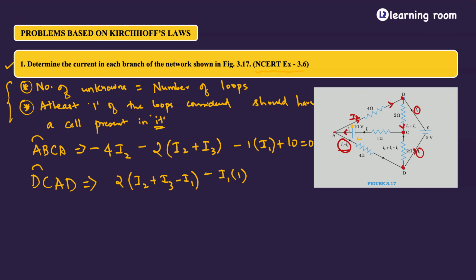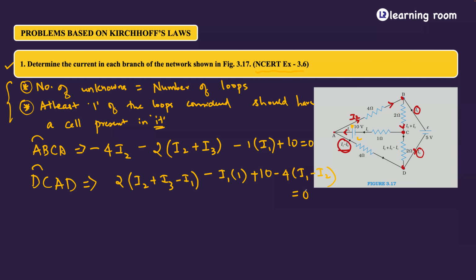So across the battery, what did I say? You need to take only the voltage into consideration, and you move from lower to higher. So it is going to be plus 10. And when you go from A to D, minus 4 into (I1 minus I2), everything put together will be 0.